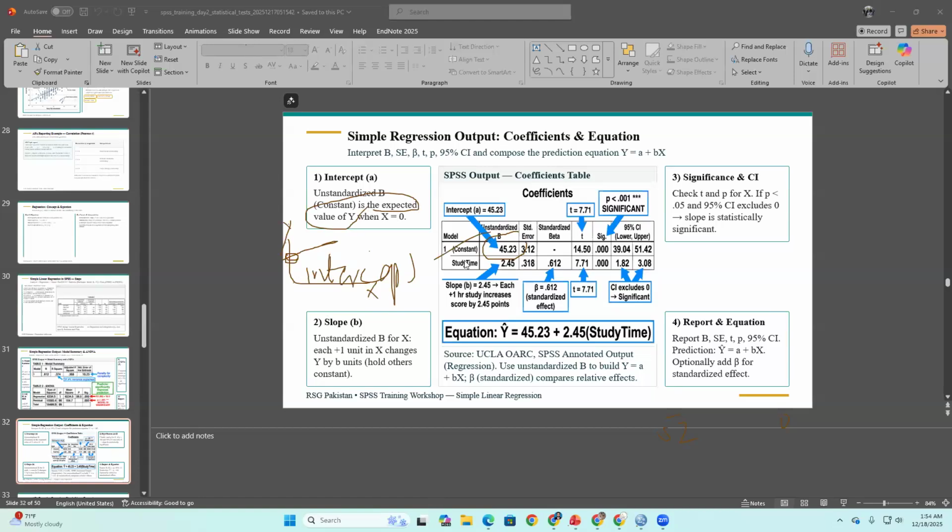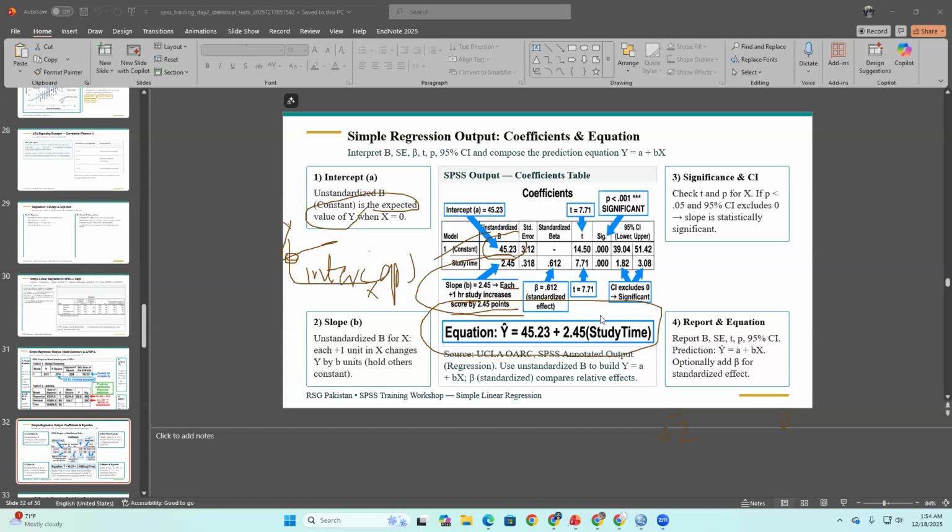The other is the slope. It means each 1 hour of study increases the score by 2.4. So you can see that this is our equation.